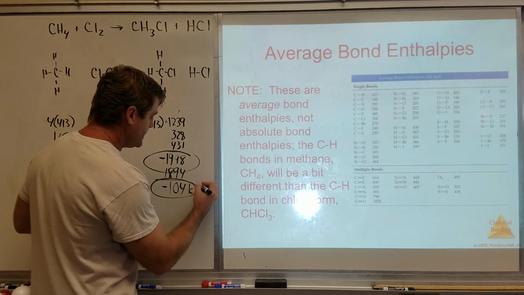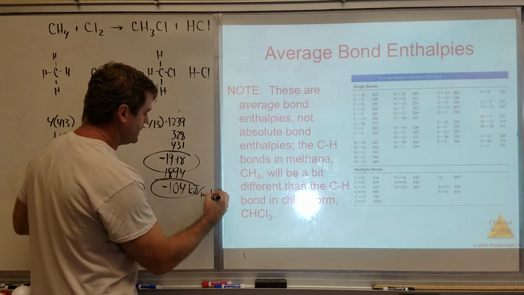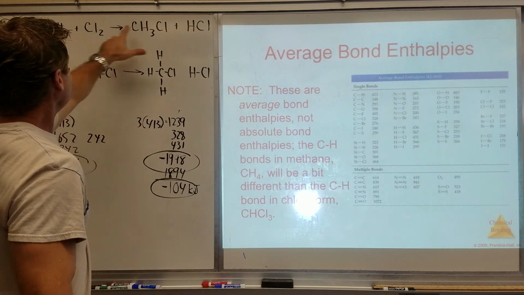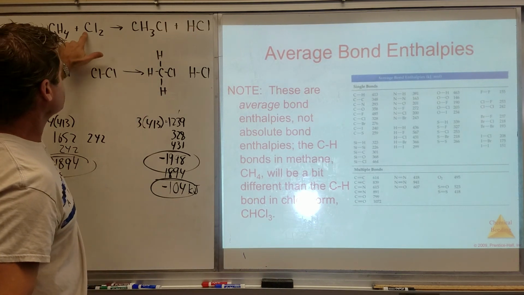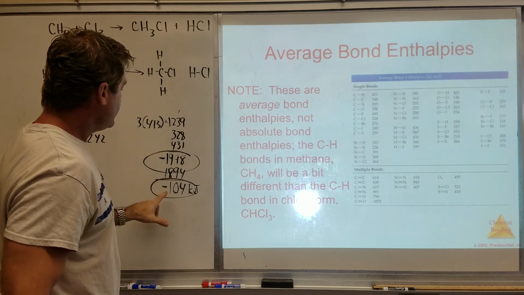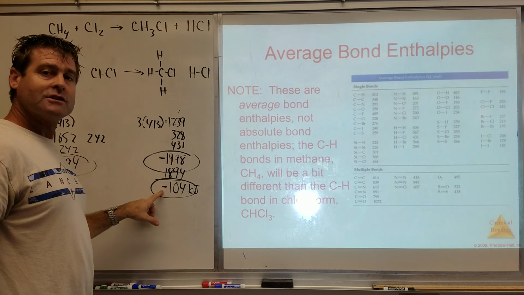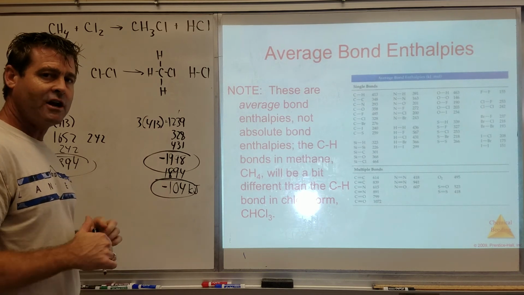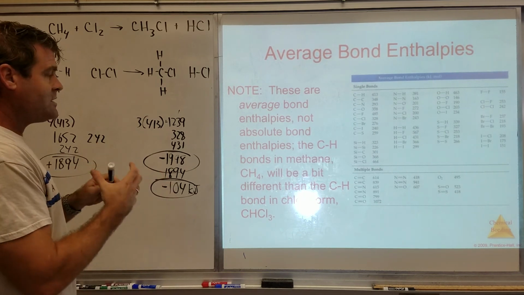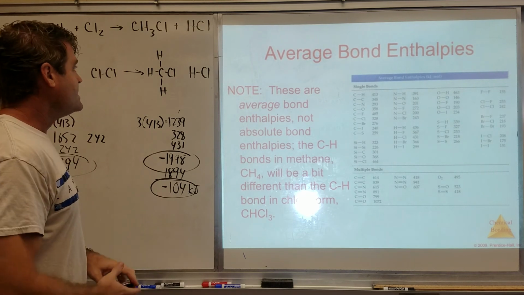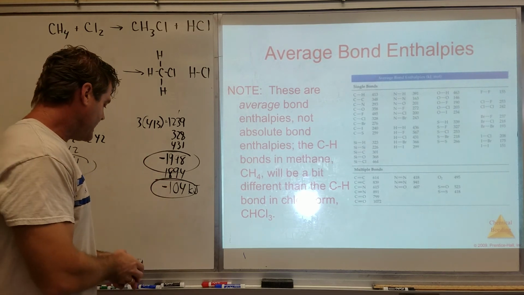That's kilojoules, actually kilojoules per reaction. So for every 1 mole of that reacting with 1 mole of that to produce 1 of that and 1 of that. And what type of reaction overall was it? It's an exothermic reaction because more energy was given off in the formation of bonds than was required in the breaking of bonds. So you can see this is another way that we can calculate.